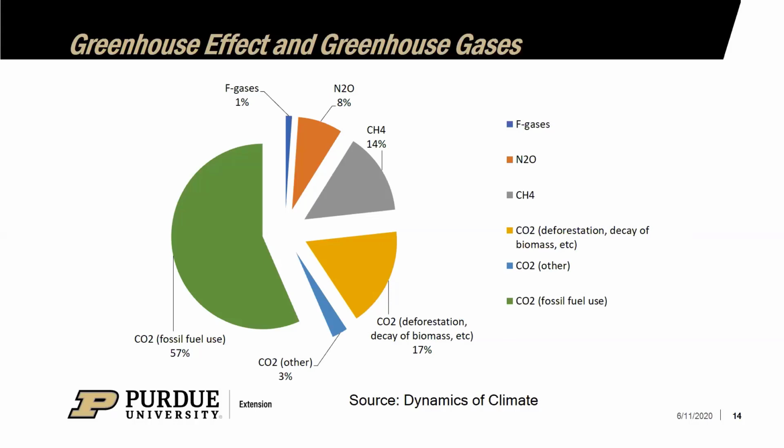This slide shows the breakdown of greenhouse gases. We don't necessarily have water vapor associated with it, but as previously mentioned, carbon dioxide is the largest greenhouse gas, and it primarily comes from fossil fuel use, deforestation, and decay of biomass. You can see that here at that 17%, the yellow. Methane sources are cows or agricultural livestock production and wetlands.